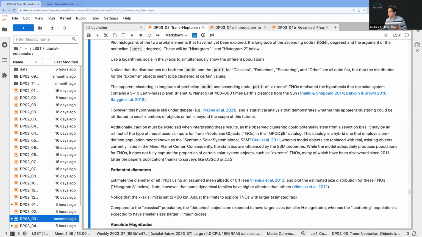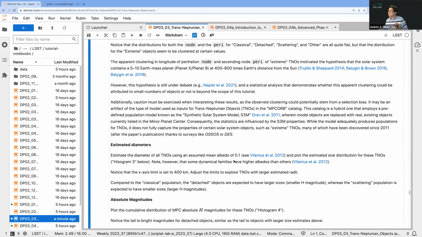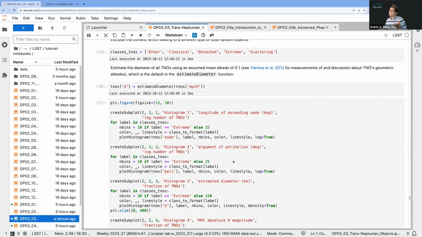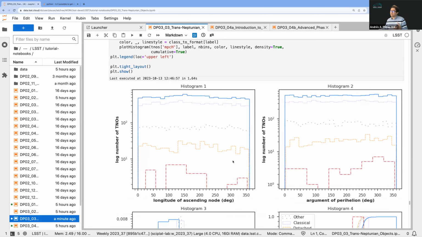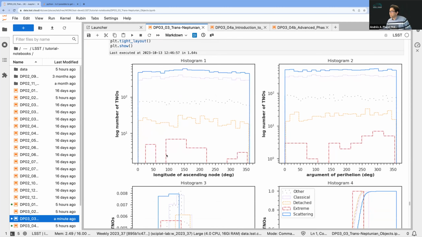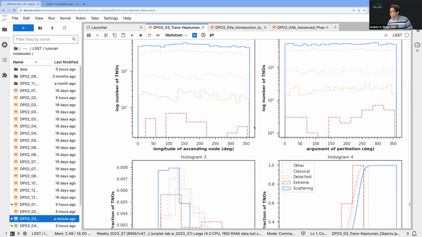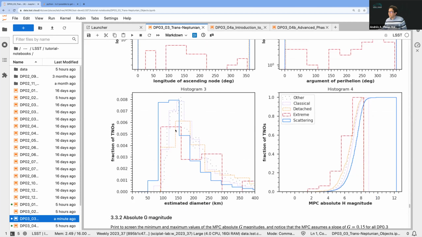This is a model published in 2011. Many of these extreme TNOs were actually discovered afterwards in surveys such as OSSOS and DES. So there might be discrepancies as well, but this is just to point out the caveats. But yes, you see that you don't have a uniform distribution in the extreme classes.